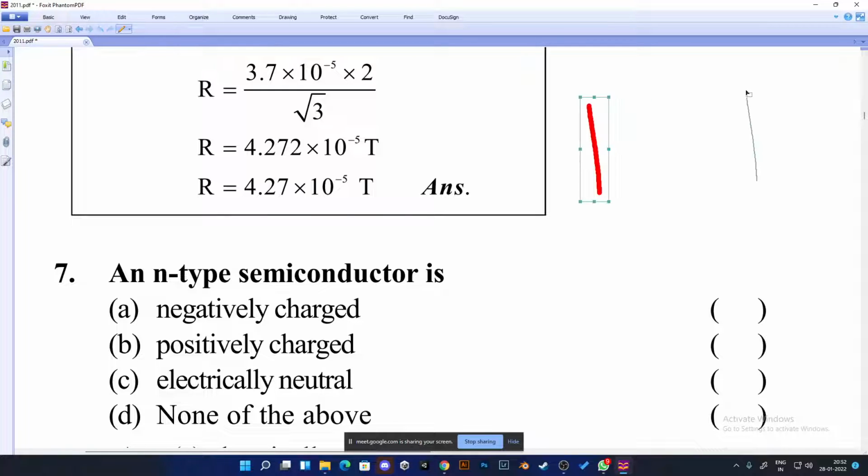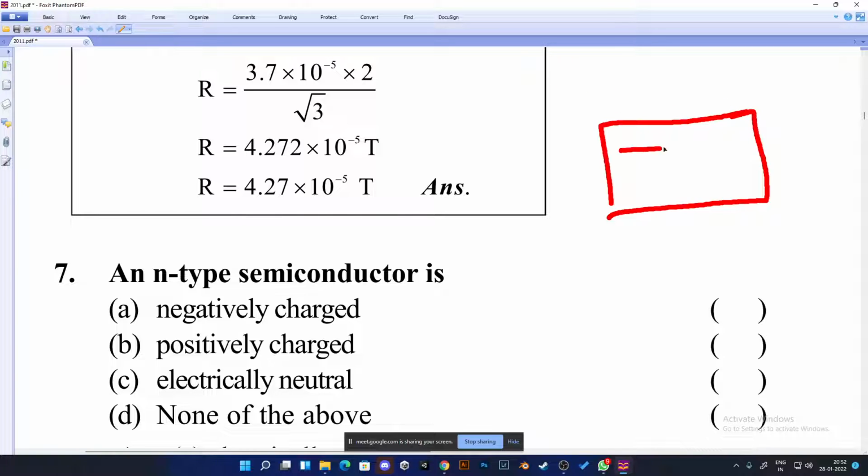Your N-type semiconductor has lots of what charges, guys? Lots of negative charges, and they are also what? Positively charged holes. You tell me these negatively charged particles, the electrons, are they electrons or free electrons? Free electrons.